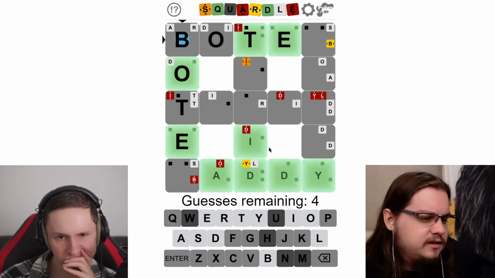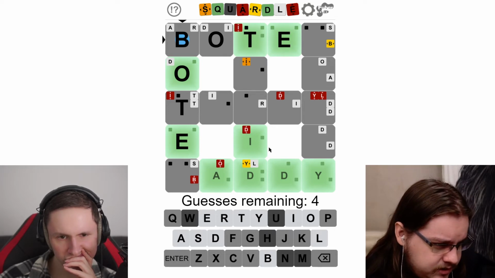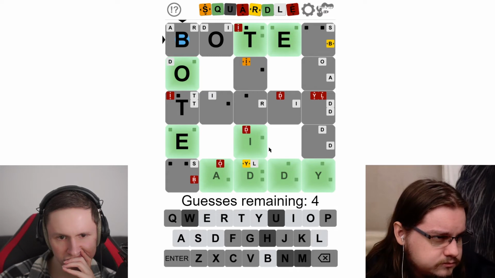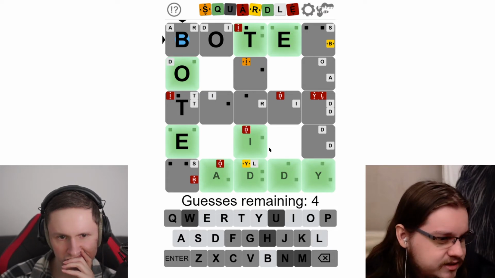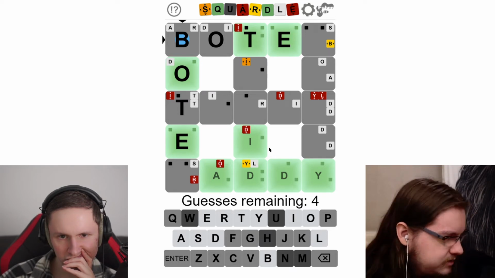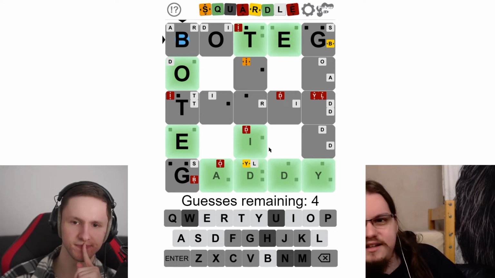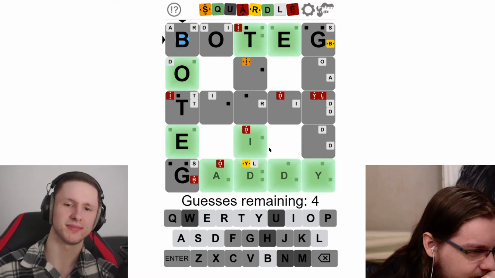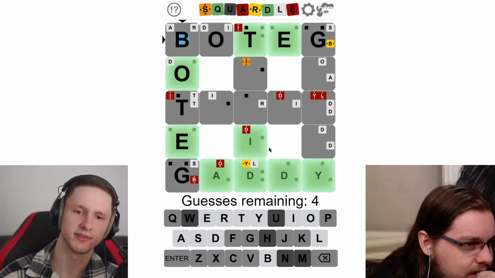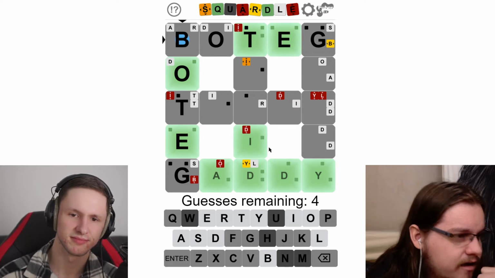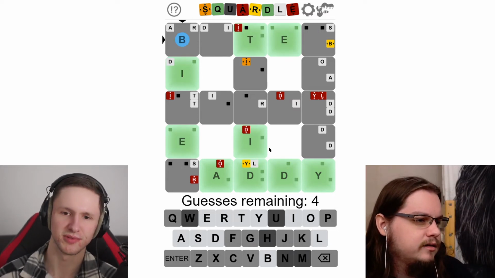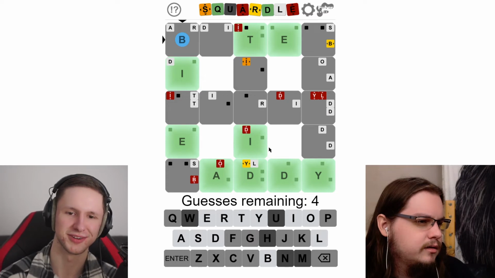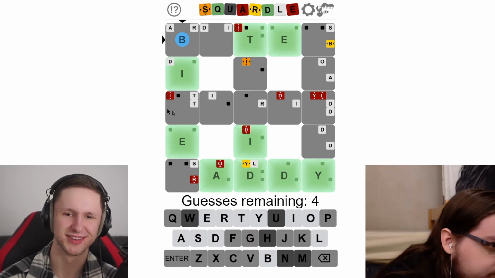It can't be R, it can't be S, it can't be D. G? I don't know about that. How about the possibility that the B is not in the first position? Seems like more and more likely the more we try to fit it in the first position.